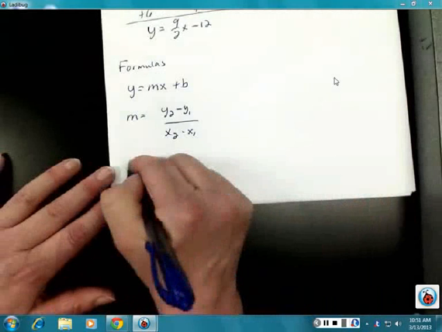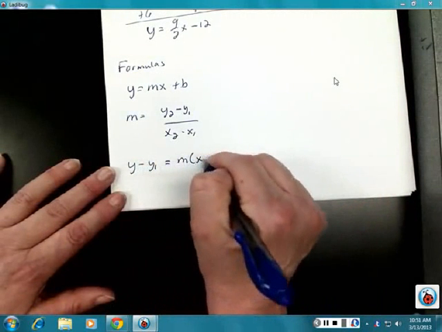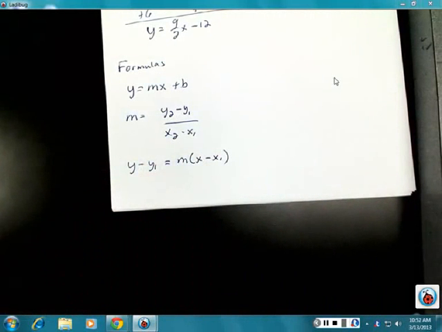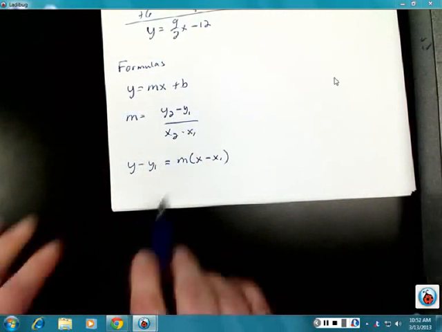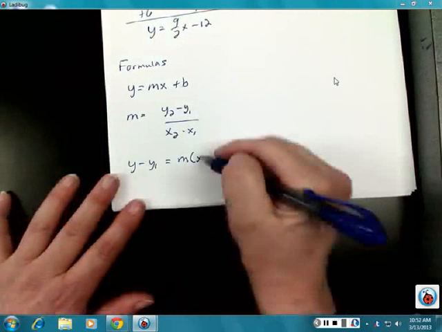And today we added y minus y1 is equal to m times x minus x1. So that's our formulas. Really, we don't have any more formulas to add to that. That's all the ones we're going to need for what we're doing.